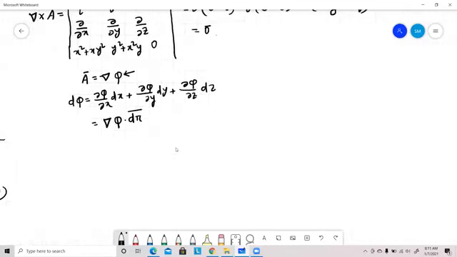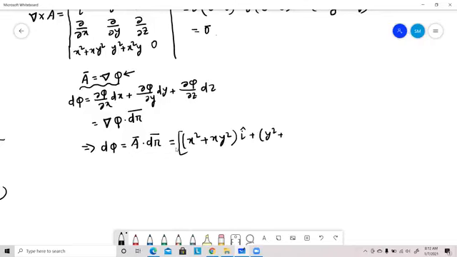Now, since A equal to grad phi, we can substitute this grad phi by the vector A. That means we get A dot dr, and in the question the vector A is (x square plus xy square) i plus (y square plus x square y) j plus 0 into k, and dr we know is dx i, dy j, dz k.